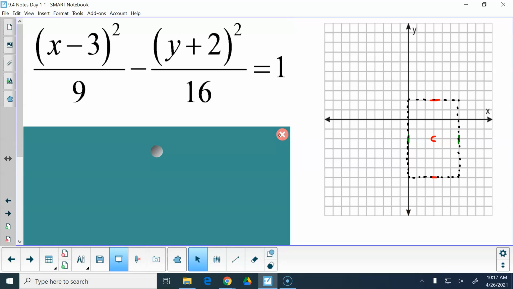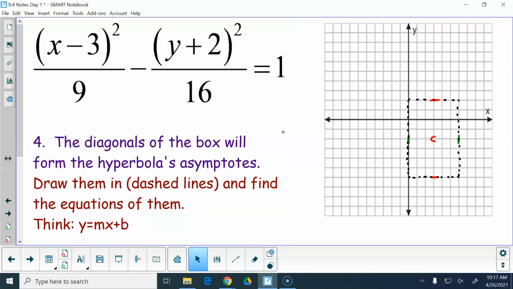Here's where some labor-intensive work comes in. The diagonals of your box will now form the hyperbola's asymptotes. So you need to draw them in with dashed lines because they are slant asymptotes. And then we need to find the equation of them. Okay? So first, we're going to need to draw them in.